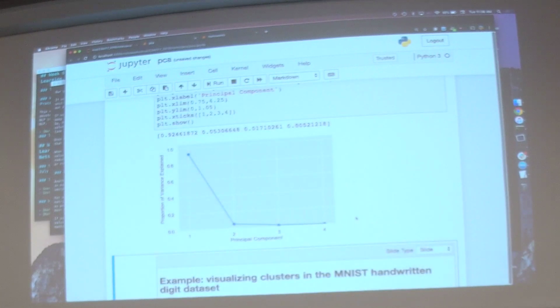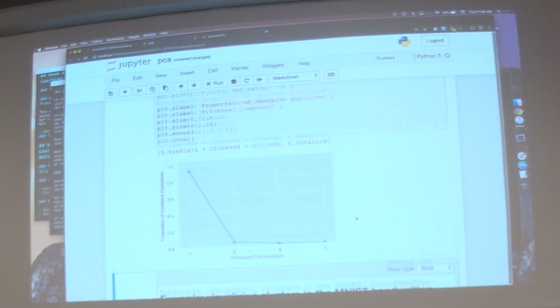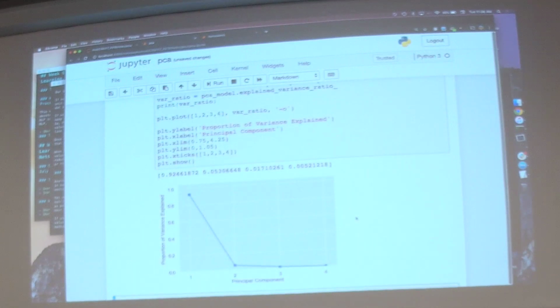Yeah. So if we're going to use the eyeball to decide at which point we stop, we can see that it is principal component 2. That is where the variation doesn't drop any more obviously. So this is how much of the variance is explained here. So this is maybe not exactly the elbow.